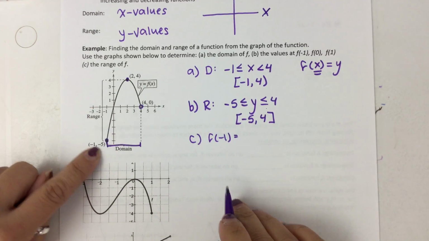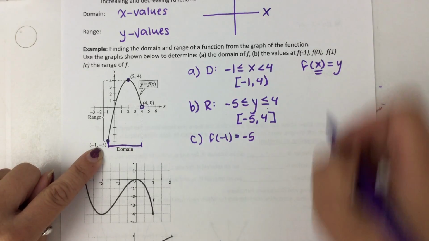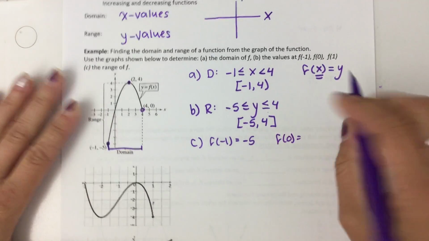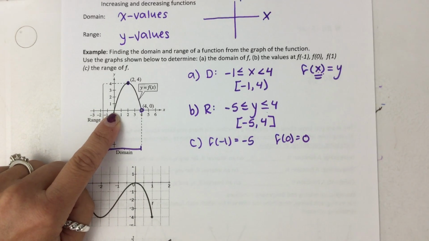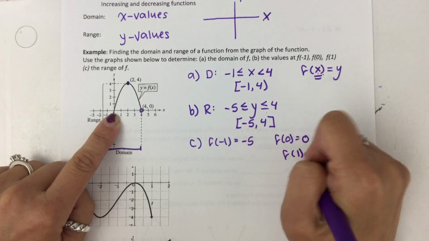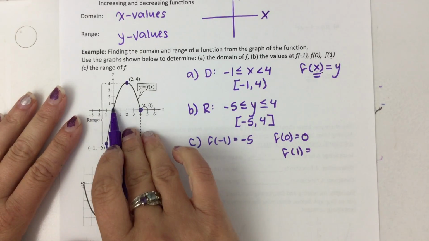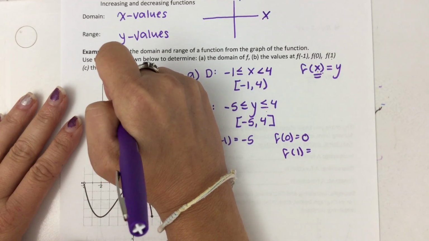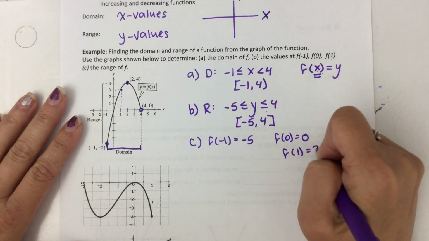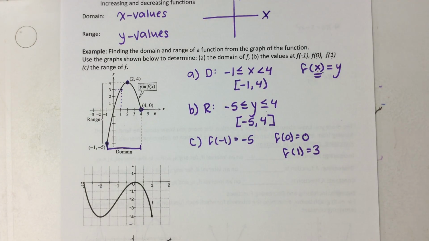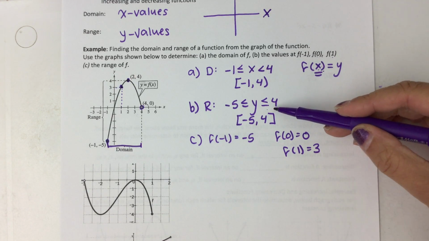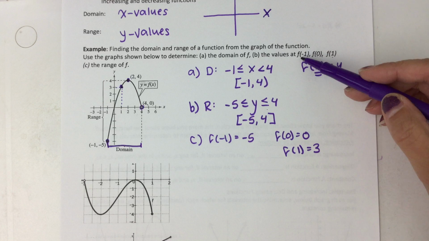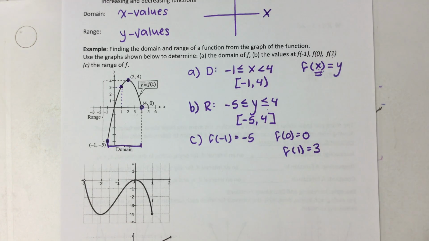My y value is -5. f of 0, if my x value is 0, if I do not go left or right, the y value is also 0. f of 1, if I go to the right 1, what is my y value? It is 3. So being able to look at a graph, identify the domain, which x values are covered, the range, which y values are covered, and then be able to evaluate if you are given the x, that is a huge thing that we will look at in 1.3.